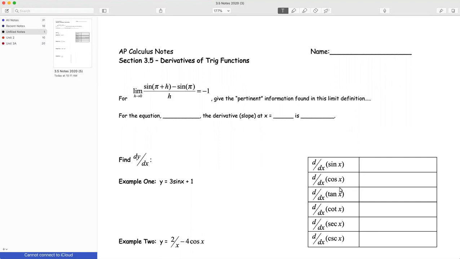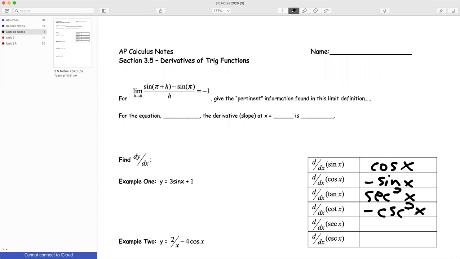Derivative of sine of x is cosine of x. Derivative of cosine of x, negative sine of x. Derivative of tangent is secant squared of x. The derivative of cotangent is negative cosecant squared of x.